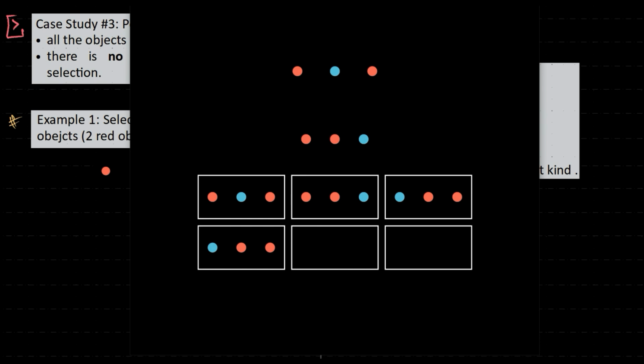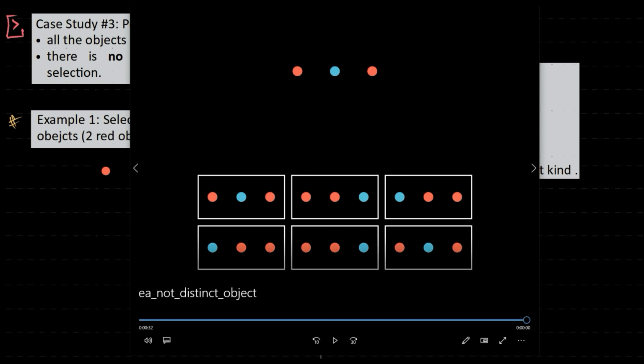By now, you should be able to notice that things are repeating. Okay, see, for the system, I have not told it that the first object and the third object are the same. For it, first, second and the third are just numbers. This is say O1, O2 and O3, right?